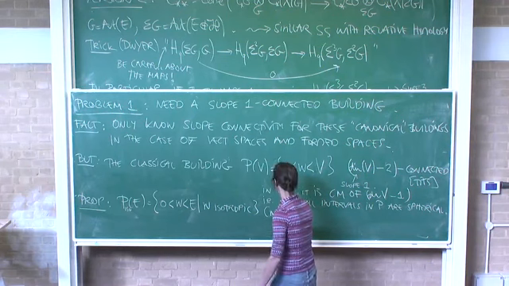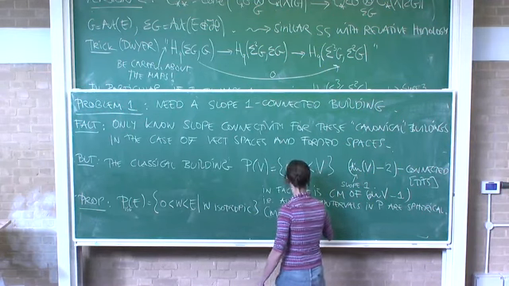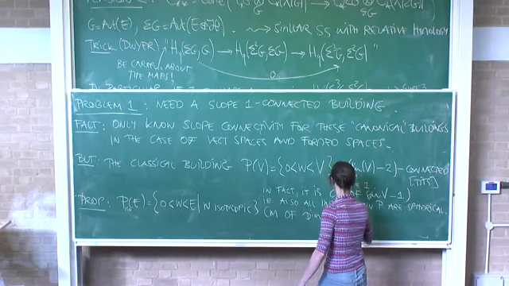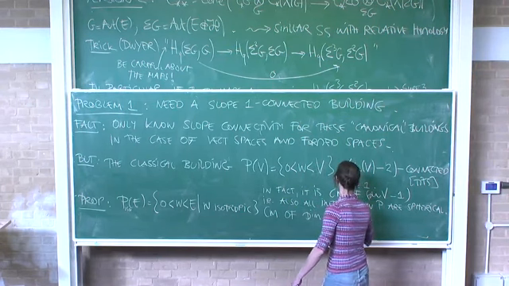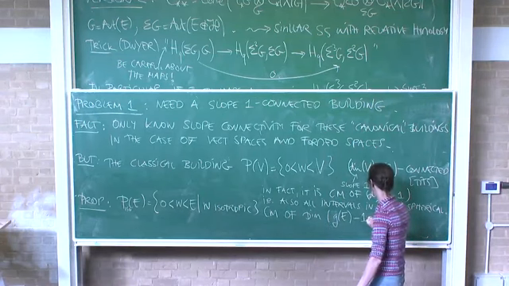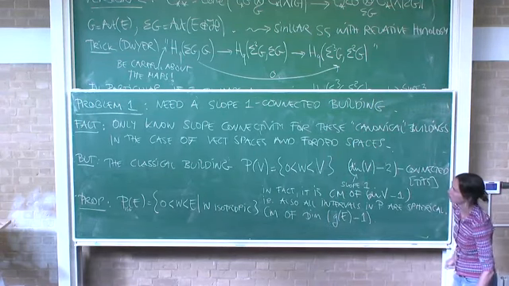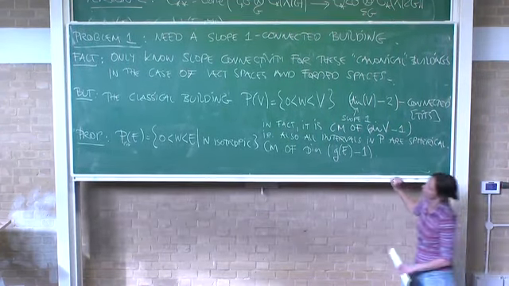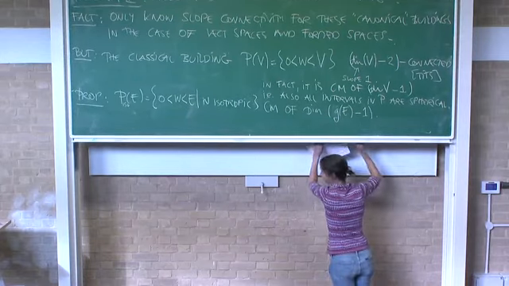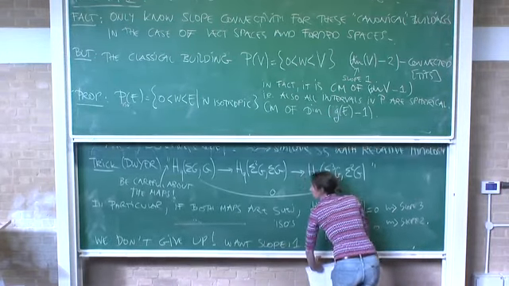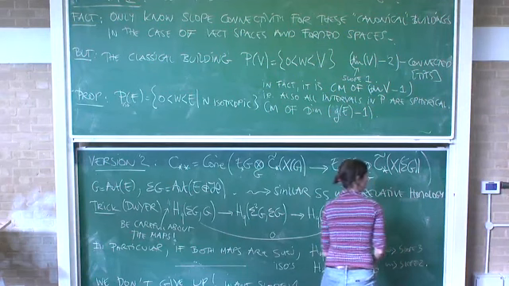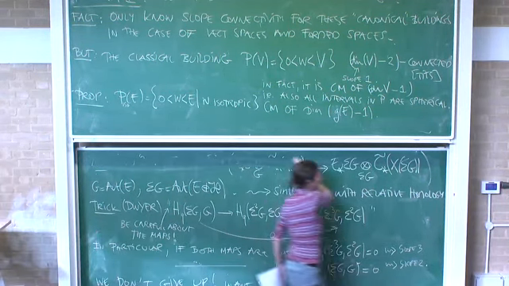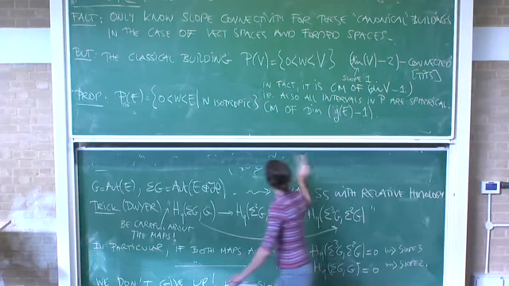Then this is also Cohen-Macaulay of dimension genus of E minus 1. Okay, so that's our slope one buildings. Good. So we again have buildings, and then we have connectivity, we have to worry about stabilizers.